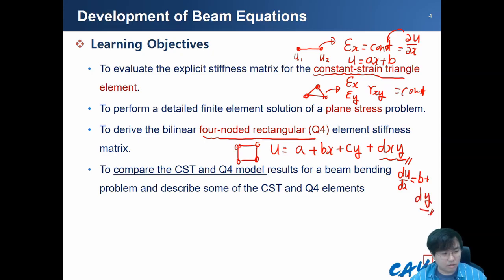There is an independent variable in y in here, so that will return a nonlinear displacement field and then a non-constant strain field. Compared to the triangle element, the rectangular element will give a more accurate strain field.